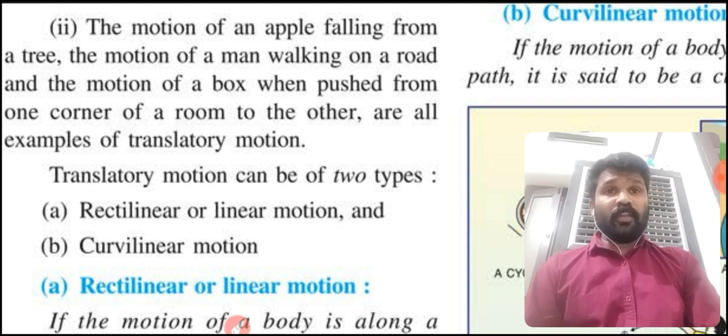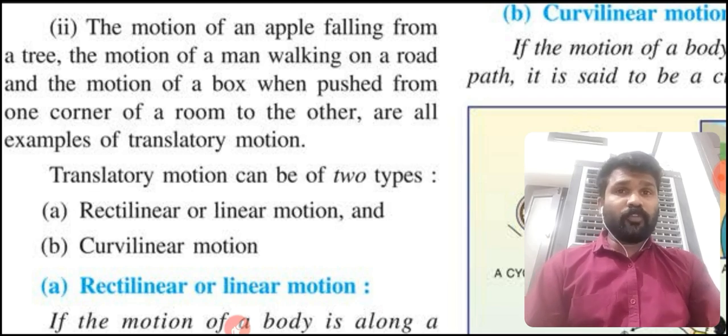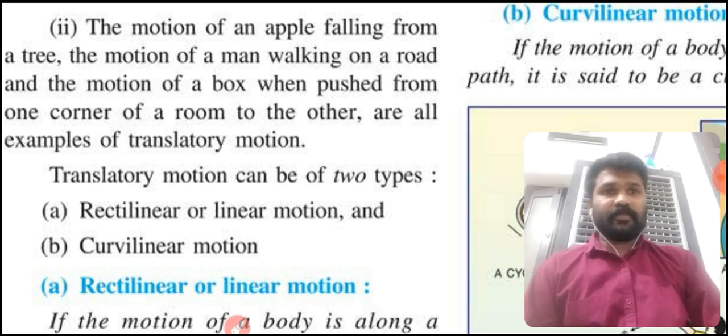The motion of a man walking on a road, and the motion of a box when pushed from one corner of a room to the other. These are all examples of translatory motion.